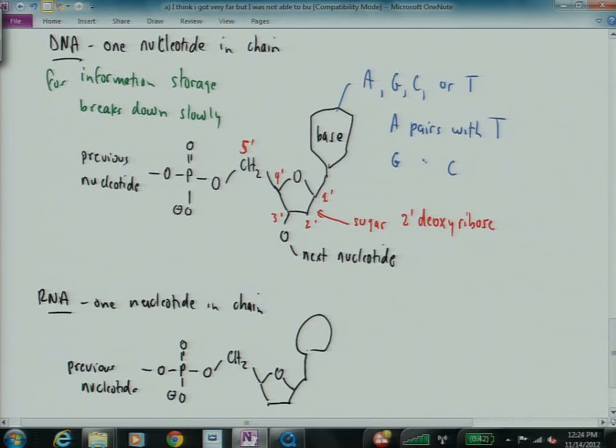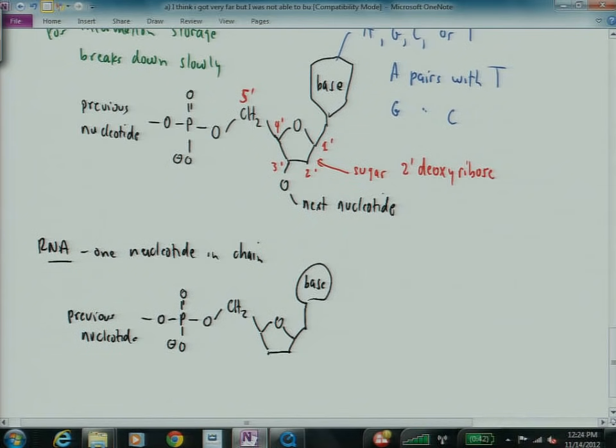The big difference here is that here's the O to the next nucleotide. And if you look around the ring, there's an OH, and that's the difference between these two. If you number these, 1', 2', 3', 4', 5', the sugar is ribose. And this OH is not present in the DNA.